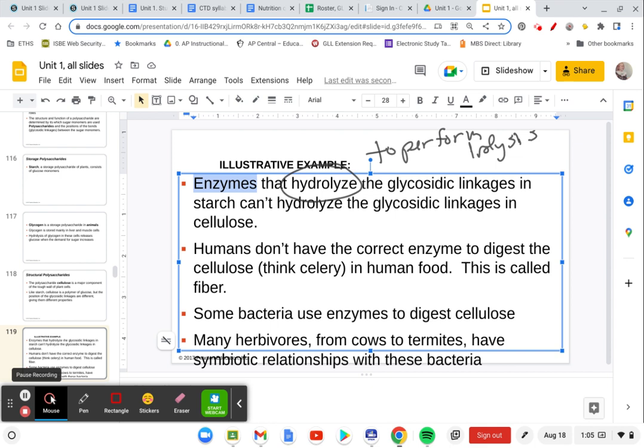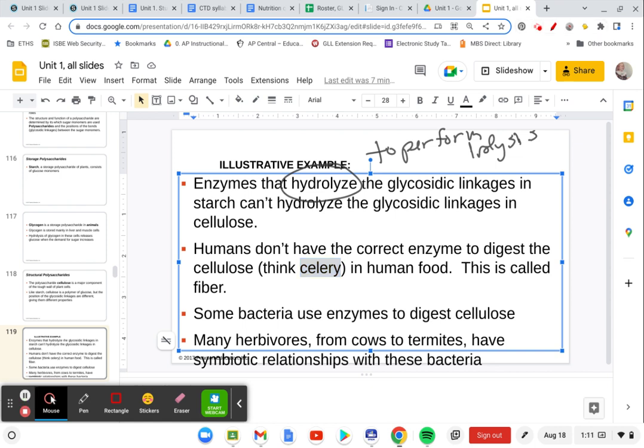Humans don't have the correct enzyme to digest cellulose. Think about celery, or lettuce, or anything that has fiber in it. That means that we cannot digest cellulose.